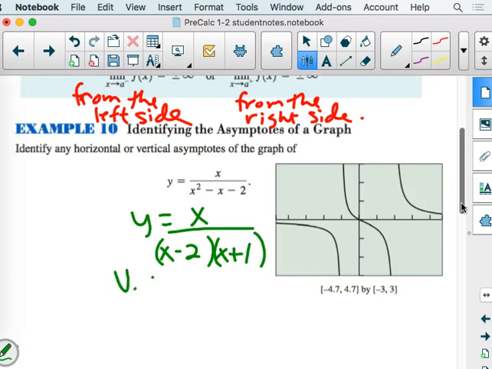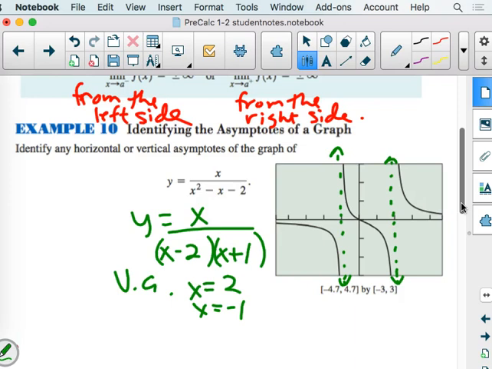So that's going to give me my vertical asymptotes of what and what? 2 and -1. So my hope is that their graph over there matches that. So I go over, x equals 2, right there. x equals -1, right there. So far, so good. It's looking good.